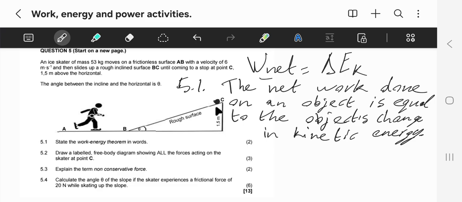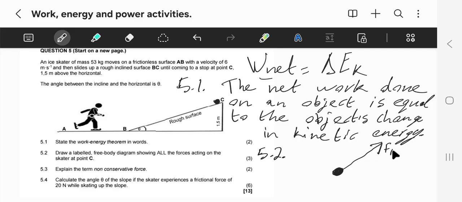Then we will have our force of gravity and our normal force, because remember, we said that we look at the marks to determine the number of forces that we are supposed to have on our object. So when we draw the free body diagram here for 5.2, we will have our dot first, and then we will have our force of friction.